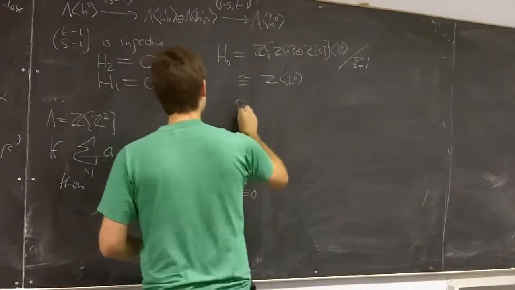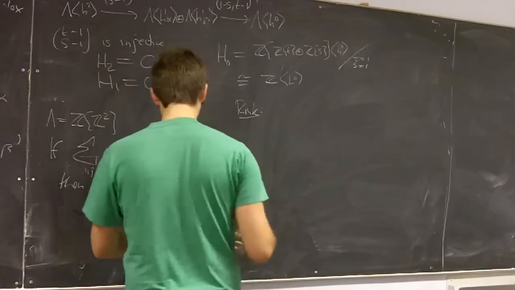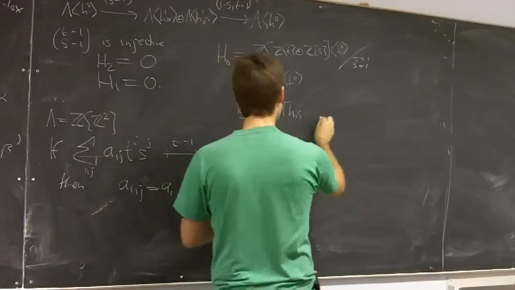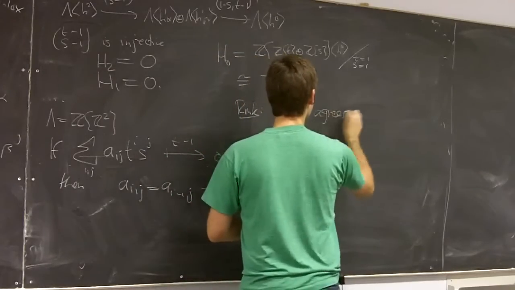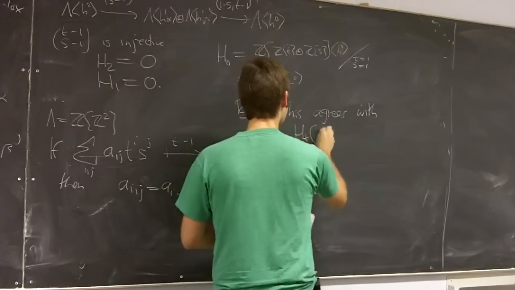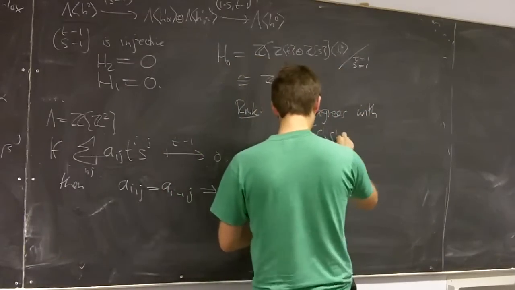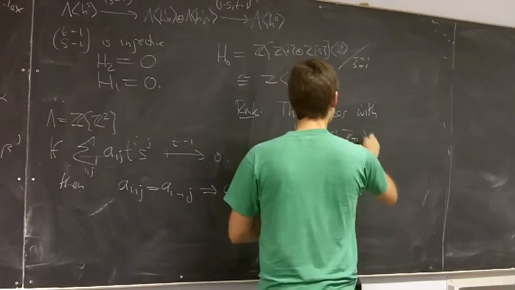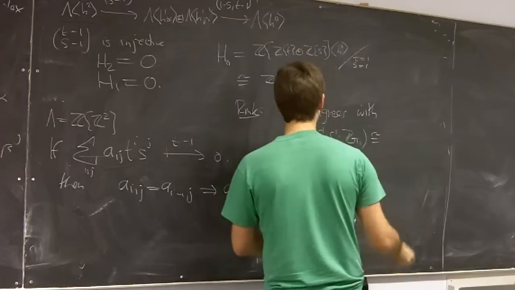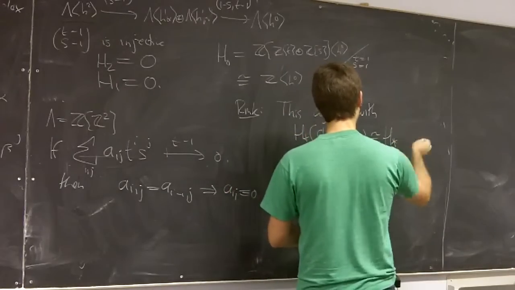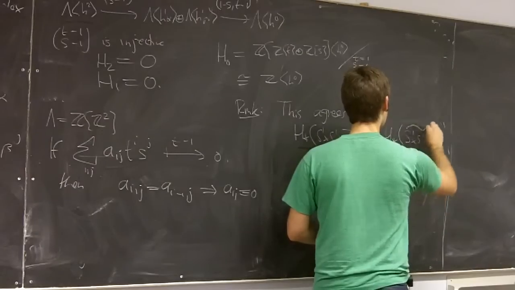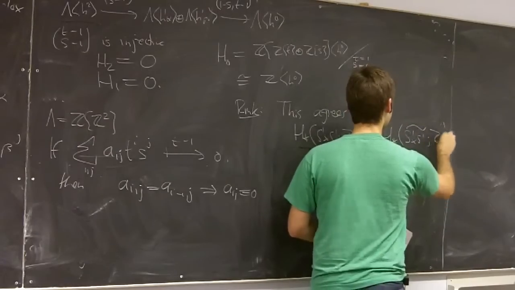And a remark, this is good because this agrees with what we observed earlier. This should just be the normal homology of the universal cover with z coefficients.